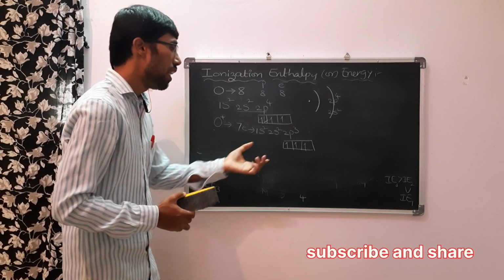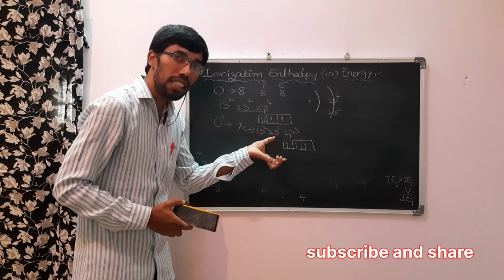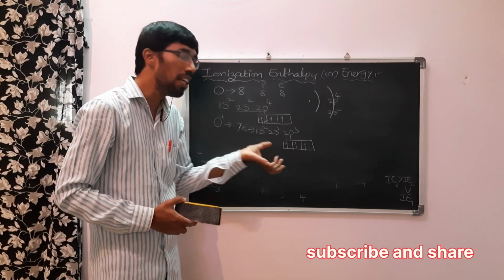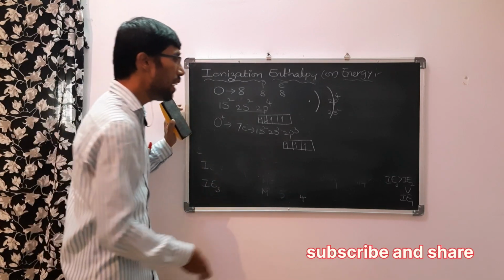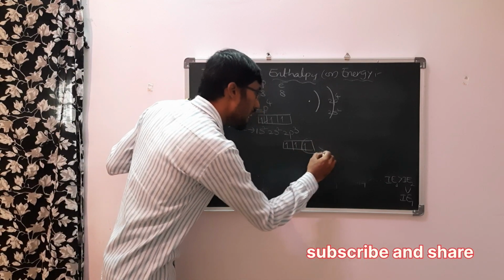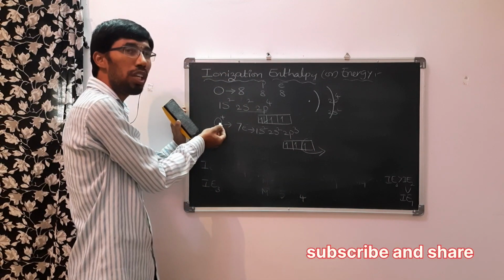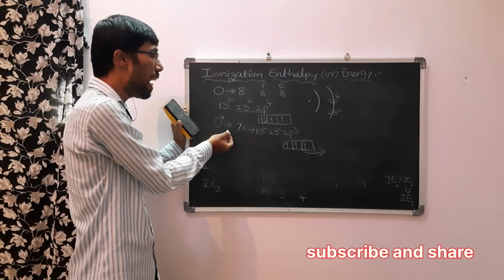We know that atoms with half-filled or fully filled orbitals have more stability. So we require more energy for removal of this electron from the uni-positive oxygen ion.